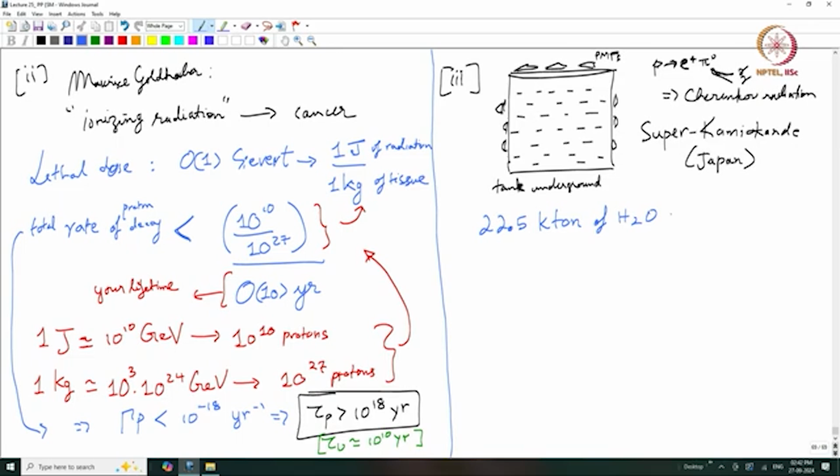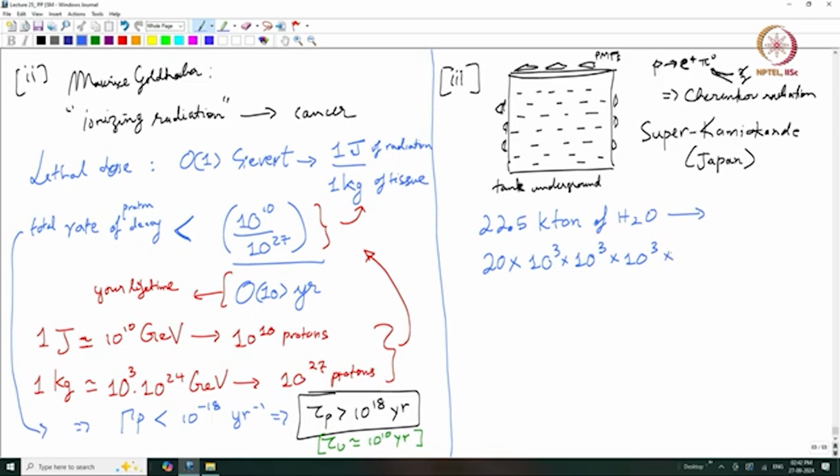Let's calculate it. So 22.5, right? So let me just take it as 20 times, I said kilo, so that is 10 power 3. A ton is 10 power 3 kilograms, right? Now I had kilograms, so I put one more 10 power 3. So a kiloton means there are 2 kilos sitting in it, right? Then finally grams.